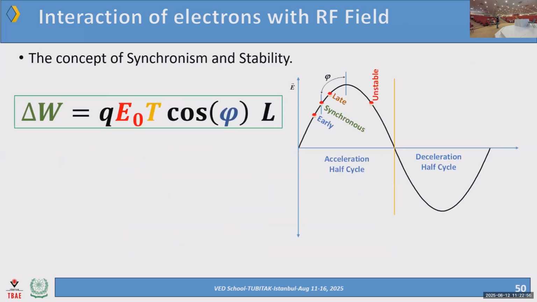Let's talk about how the beam is presented, and now comes the concept of synchronism. You have to be at the right place at the right time. This is the one phrase we always talk about. For example, if I want to go to the mosque for Fajr prayer, I must be there at Fajr time. I cannot be there for noon or evening.